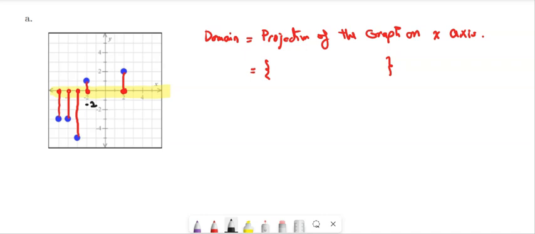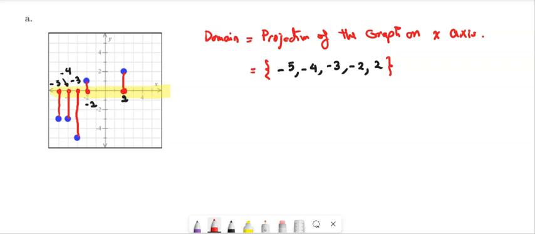This is -2, this is -3, this one is -4, and this one -5, and this one of course is 2. So I'm going to put -5, then separate them by commas, then -4, comma, -3, comma, -2, comma, and 2. These coordinates represent your domain.